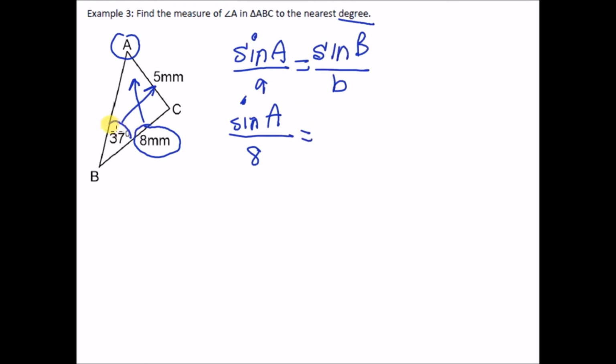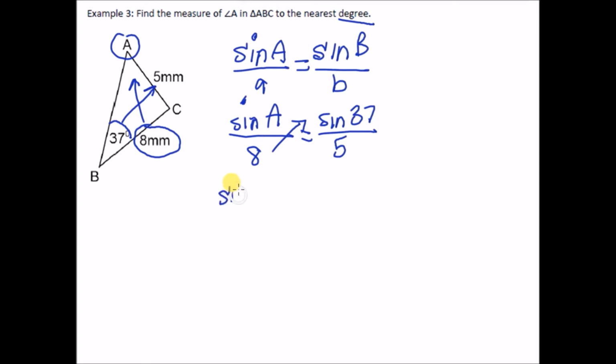Now we're going to do sine B, angle B, which is 37, over side B, which is 5.